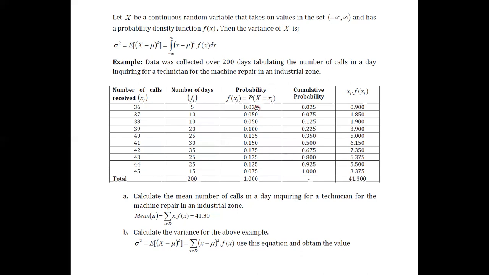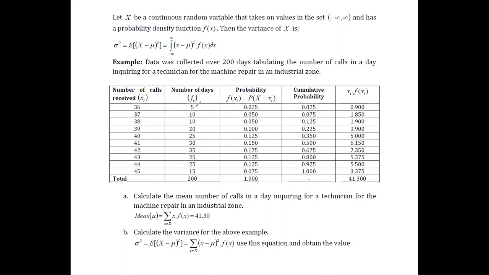The probabilities of getting these calls can be obtained in this column. We will discuss obtaining probabilities in detail in the next section, but here I will briefly explain how to get these values. No need to worry about the xi values; with only the frequencies we can easily obtain the probabilities.